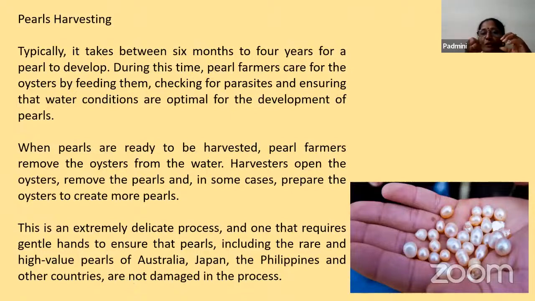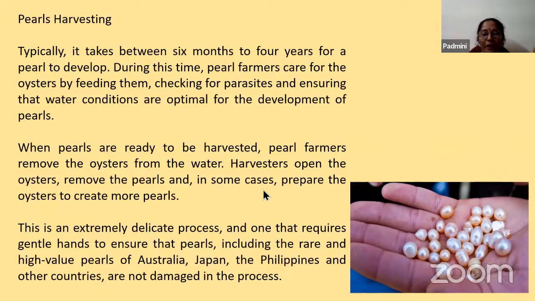When you're removing the pearls, you're going to be very careful and harvest them, because a complete round pearl without any ups and downs is going to fetch you thousands of dollars. That's the reason why pearl farmers are very careful.